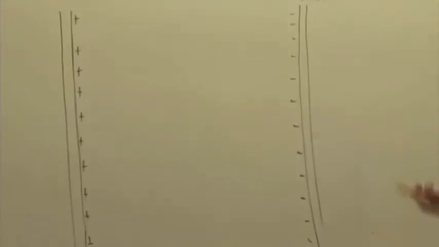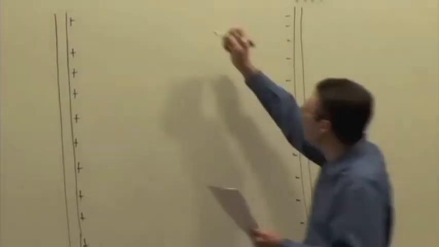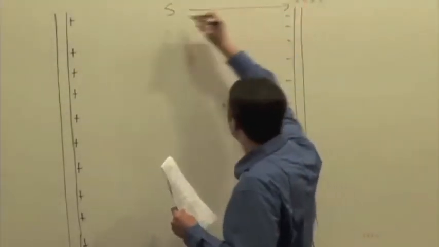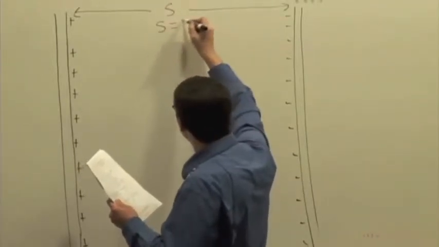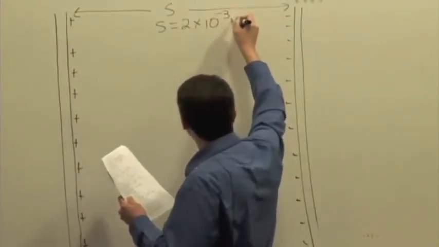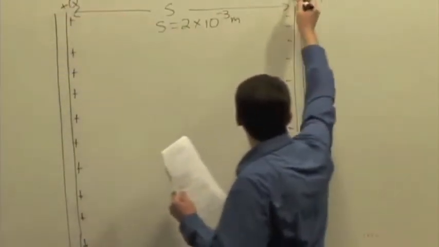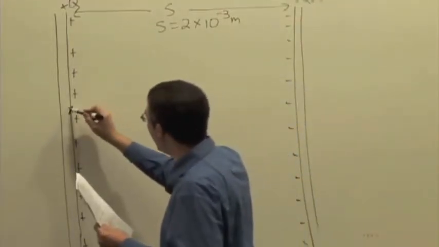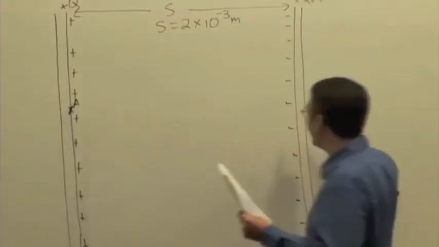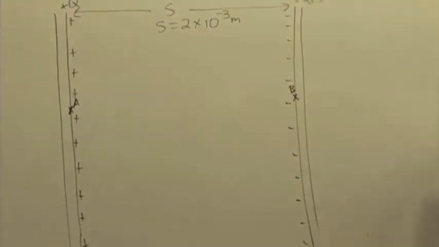Okay, so capacitor: inside the gap in between the two plates, let's say this distance is S, and what is S equal to? Let's say S is 2 millimeters, so 2 times 10 to the minus 3 meters. It's a charge plus Q and a charge minus Q, and let's say location A is right on the edge of the positive plate, and location B is exactly opposite to it on the negative plate.